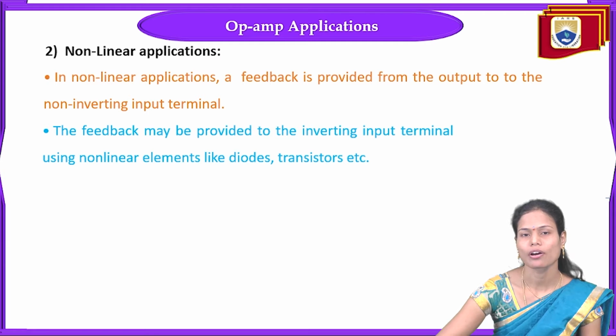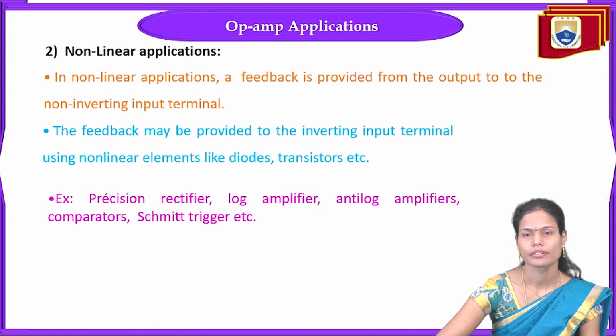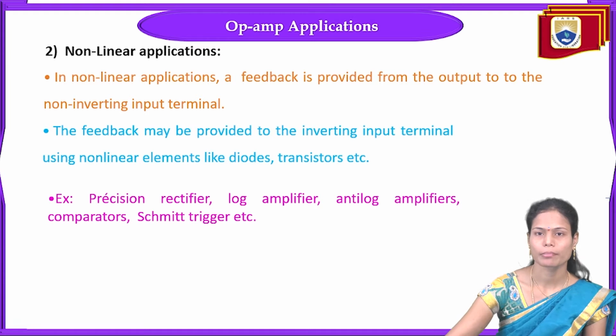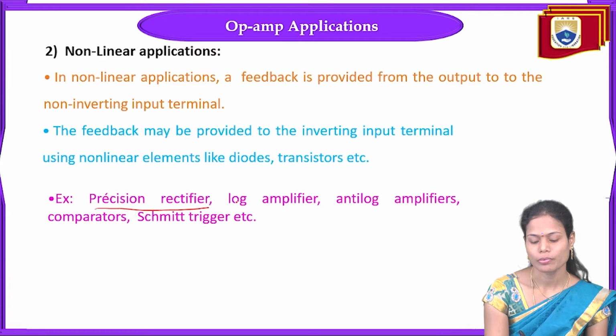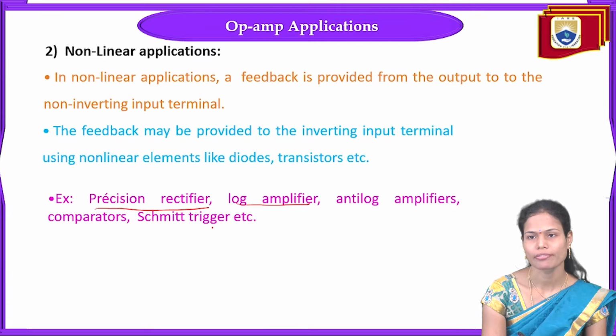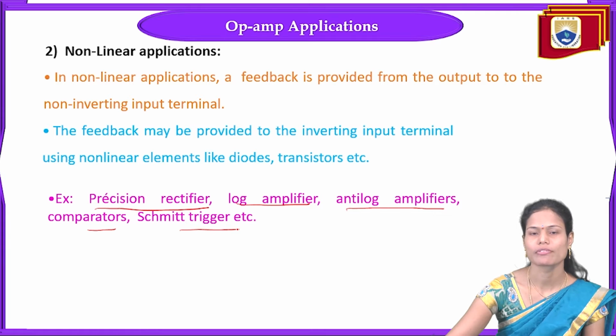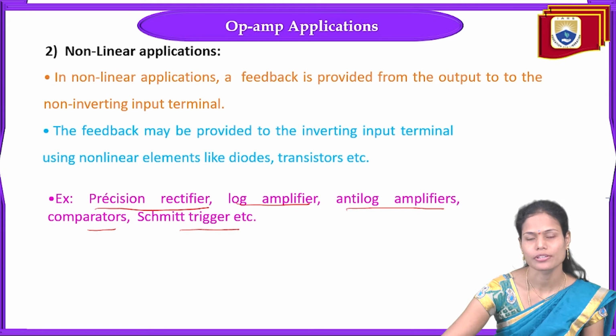That's why those are non-linear elements or components. Examples of non-linear applications are the precision rectifier to perform rectification, the log amplifier and anti-log amplifier to perform log operations, and the comparator to compare signals and generate a square wave by using the Schmitt trigger circuit. These are all non-linear applications of the operational amplifier.